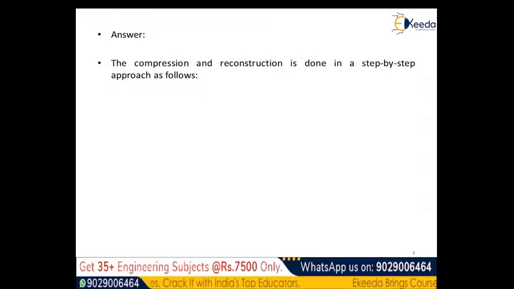To determine both the compressed form and the reconstructed form, we will follow a step-by-step approach. First of all, we go for image compression by JPEG. Step number 1 is called level shifting.